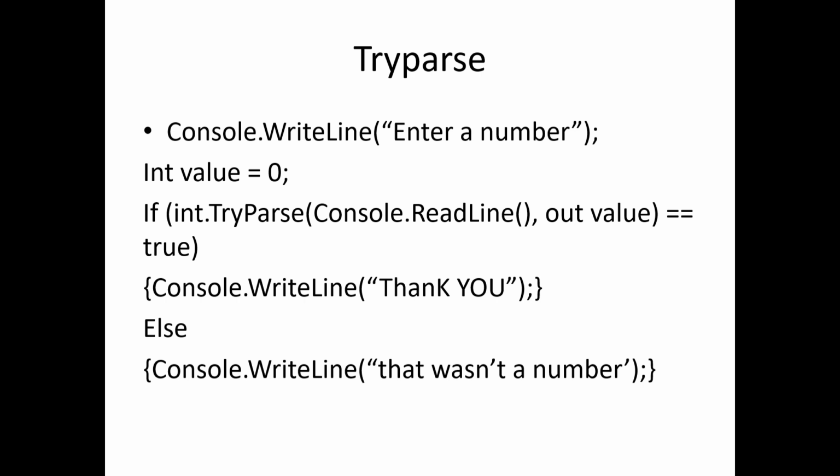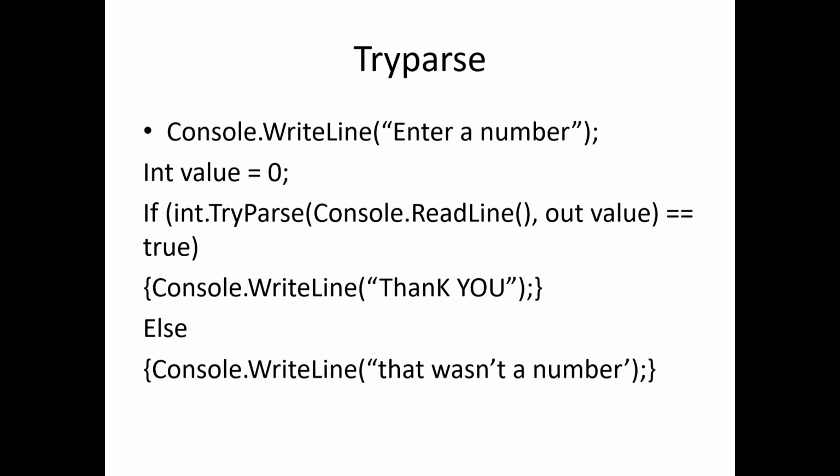It means the code will ask the user to enter a value which will be stored in the value variable, and if that value is an integer or can be converted into an integer, then this condition will give us true and the instruction of the if block will be executed, so it will display "Thank you".